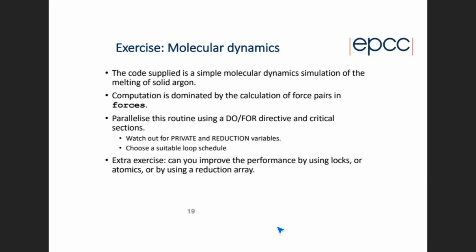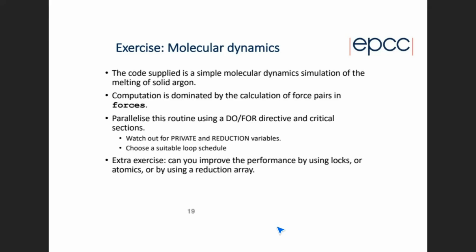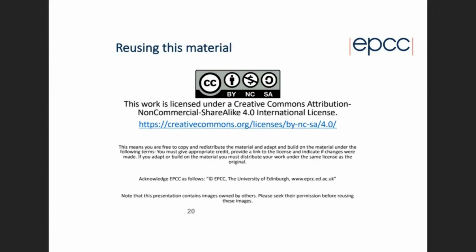So that's yet another way of implementing this kind of pattern. Okay, we'll get on to practical sessions after our coffee break later on. So any other questions about synchronization?